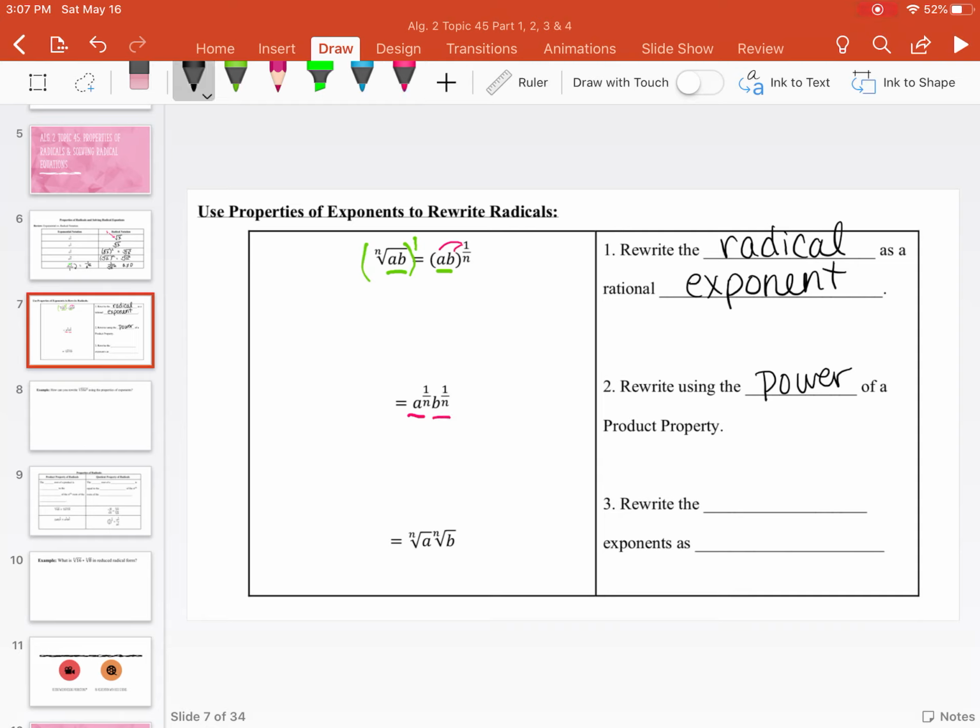Now we can rewrite these rational exponents as radicals. So a to the 1 over n is the same thing as the nth root of a, and b to the 1 over n is the same thing as the nth root of b. Since they still have a product here, we're still going to have multiplication in between them.